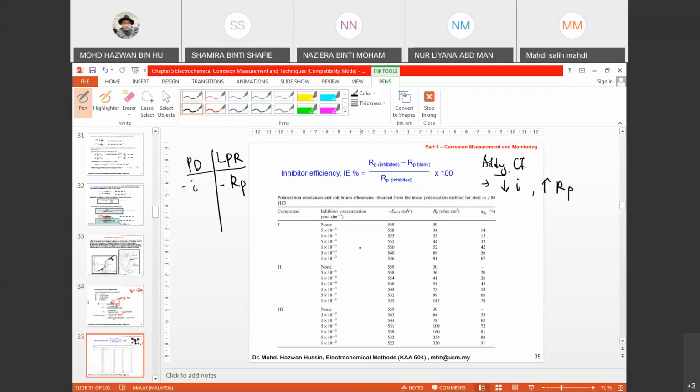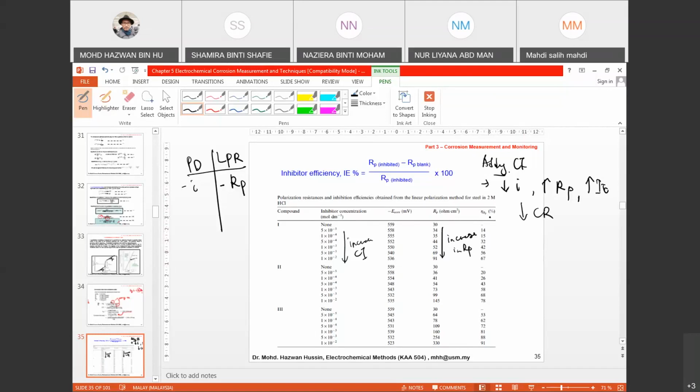That is why if you notice over here, when you increase the concentration of corrosion inhibitor, CI, the RP value is also increased. An increase of RP also means an increase in inhibition efficiency and a decrease in corrosion rate.